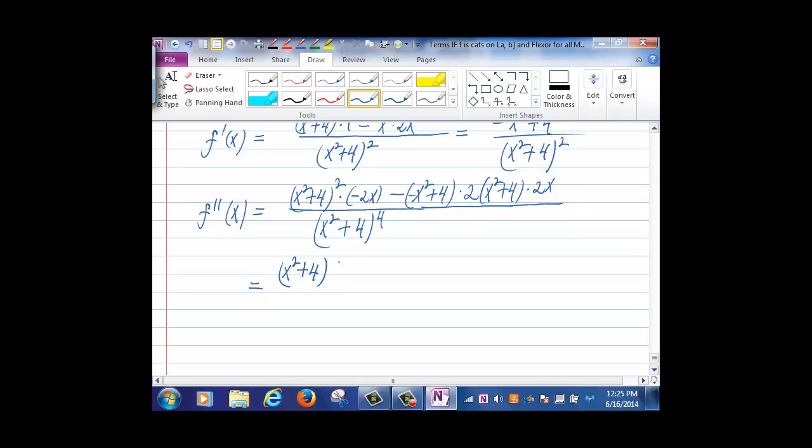So what you're going to end up with is x squared plus 4 times negative 2x, and then here I have negative 4x times negative x squared plus 4. Would you agree with that?